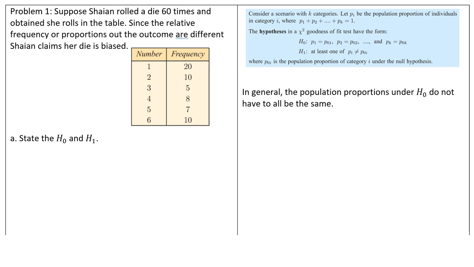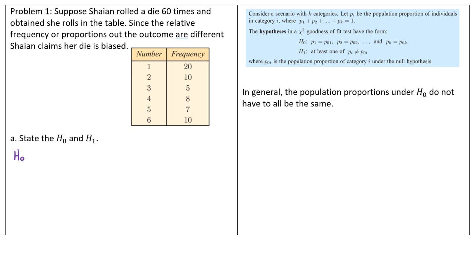And that's how we write our null and alternative hypotheses. Below it says, in general, the population proportions under the null hypothesis do not have to all be the same value, which you're going to see in example 2. But for right now, we know that the theoretical probability of getting a number on a 6-sided die is 1 out of 6.